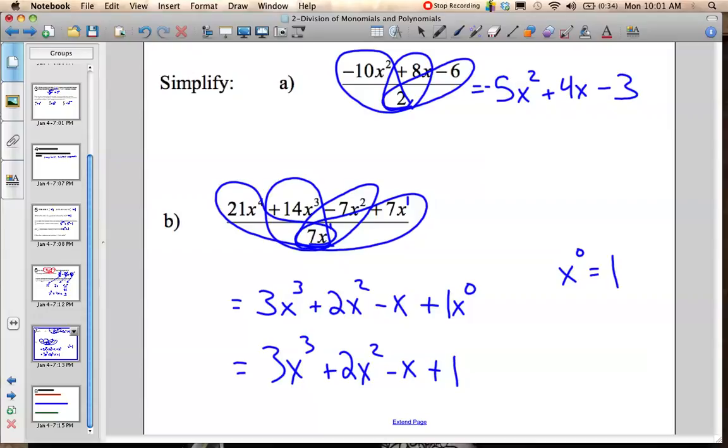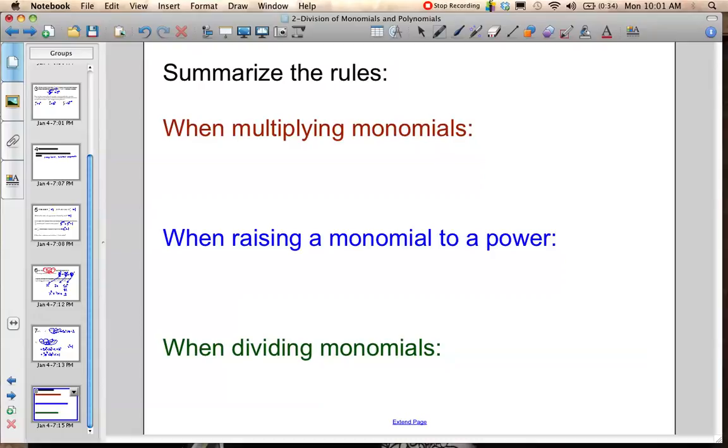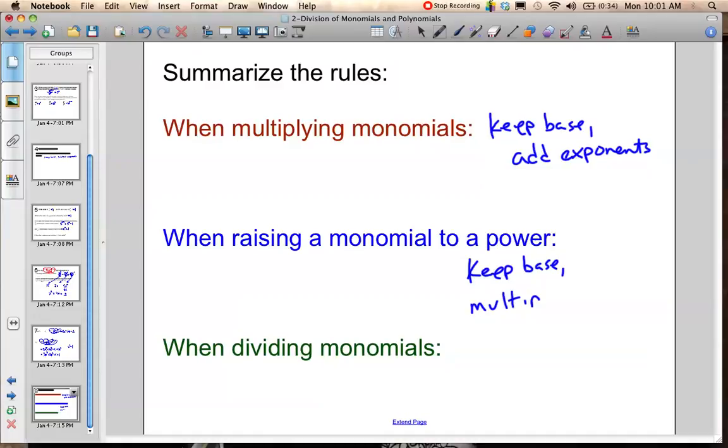All right, let's wrap things up. We did a lot of good things over the last 2 videos. When we multiply monomials, we keep the base and we add exponents. Monomials to a power: keep the base and multiply exponents.